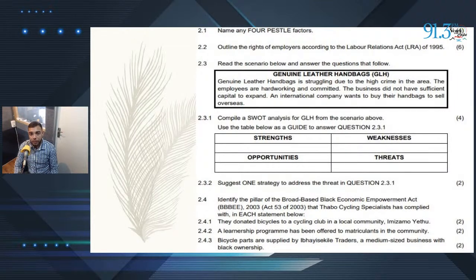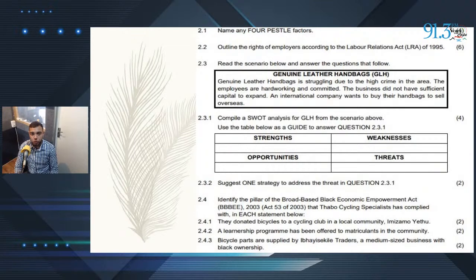Name any four PESTLE factors. You can repeat after me. PESTLE: political, economic, social, technological, legal, environment. So those are the factors of PESTLE. That's an easy 3 marks for you.